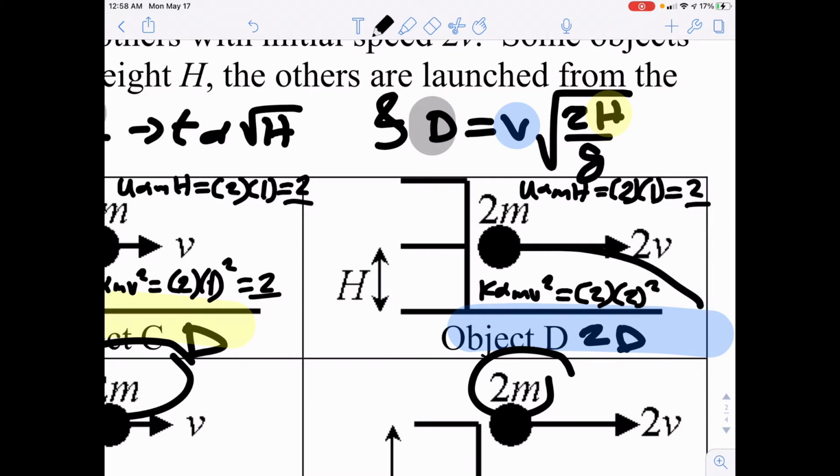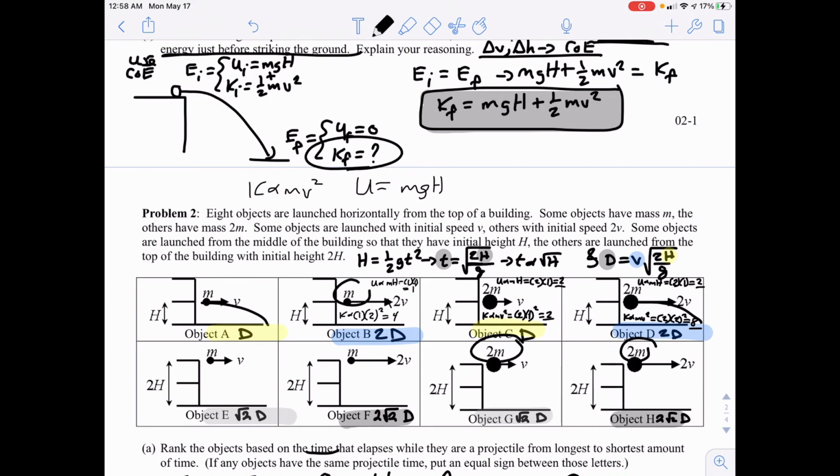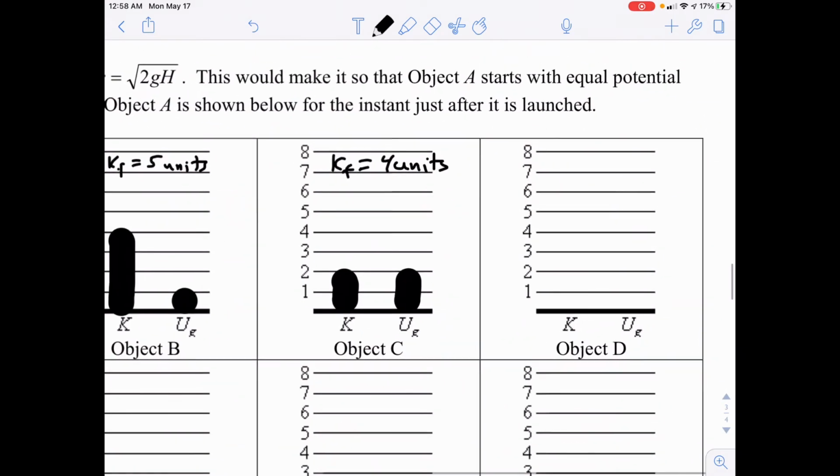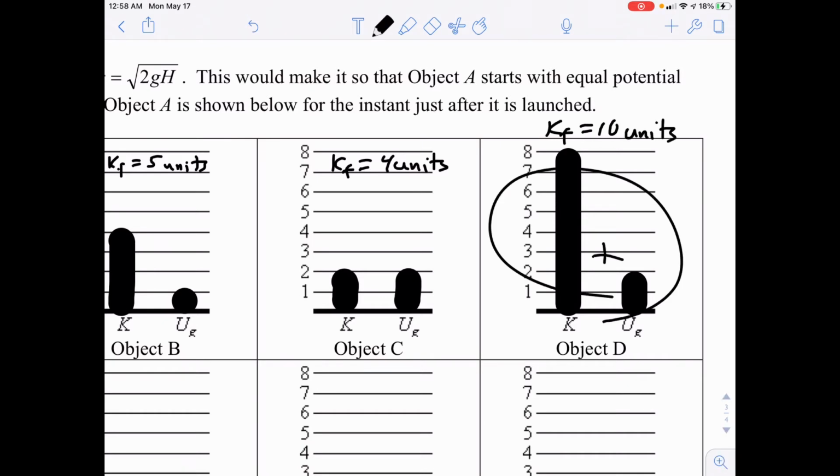But you're going to square the 2 velocity units, so 2 squared is 4, times 2 is 8. We have 8 kinetic energy units, 2 potential energy units. The graph changes dramatically now. We got this and this. Okay, which would tell us that we would have 10 final kinetic energy units, right? Because we got to add those.